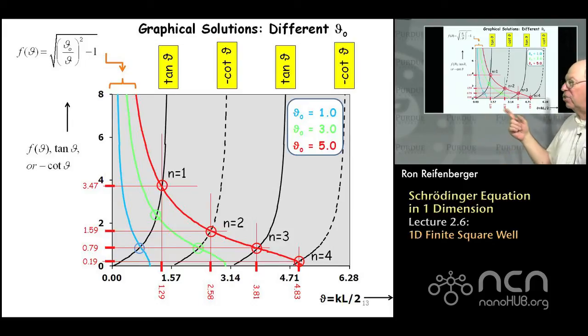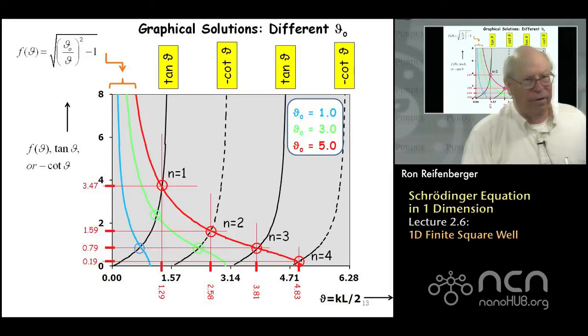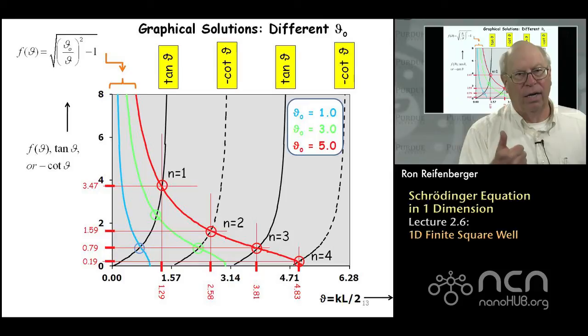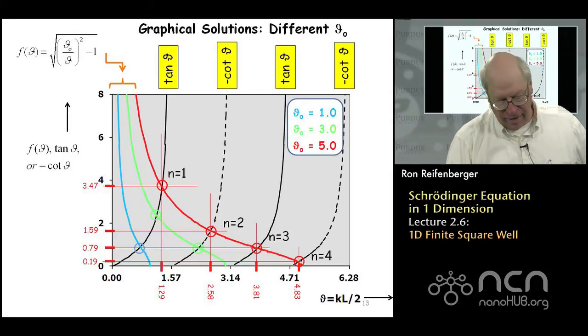And the intersections of those red, green, and blue curves with the tangent or minus cotangent plots specify the allowed values of KL by 2 for the particular parameter theta naught that we specified.